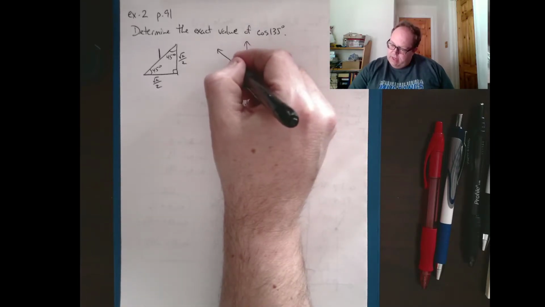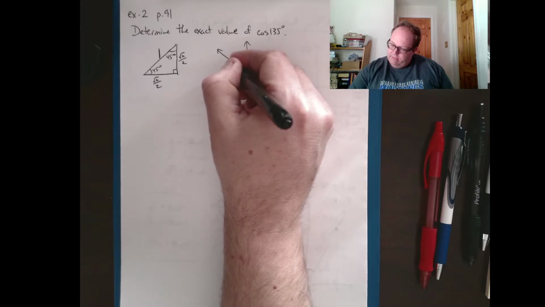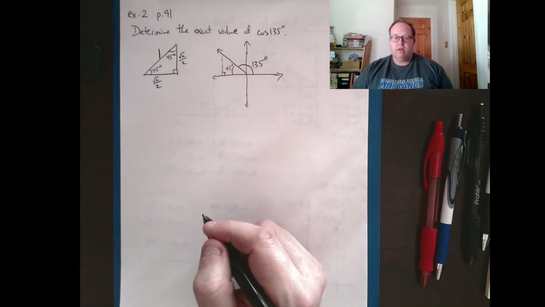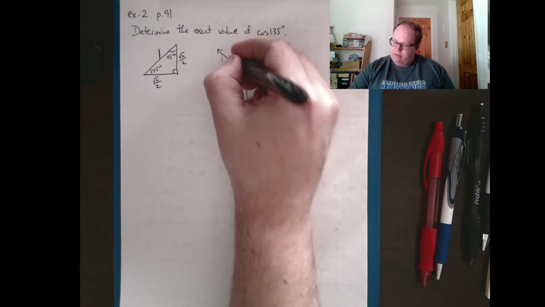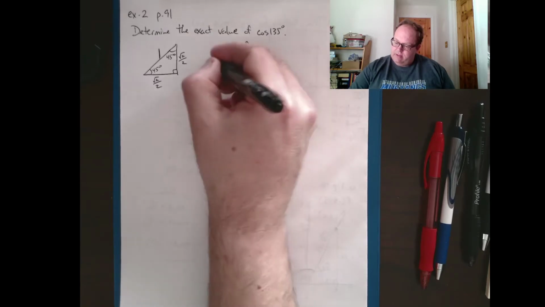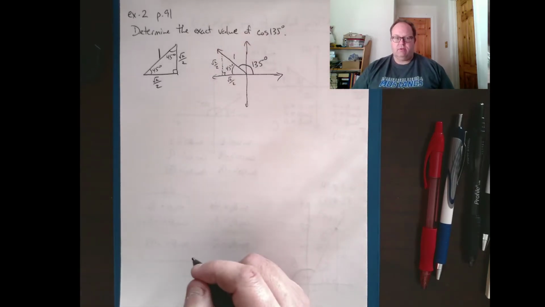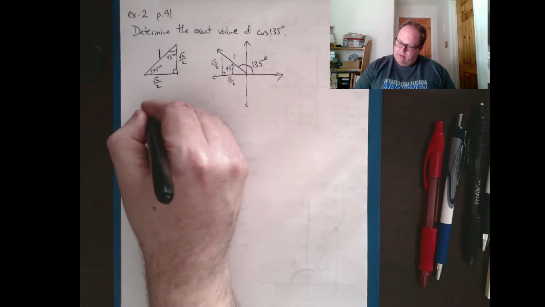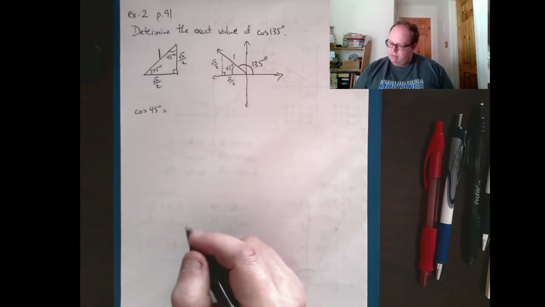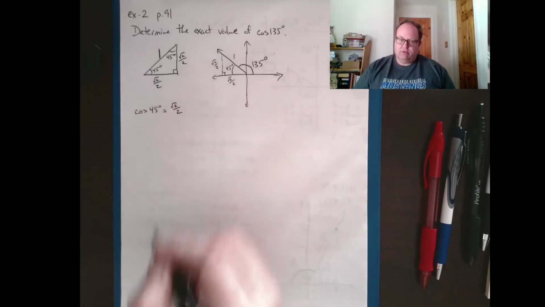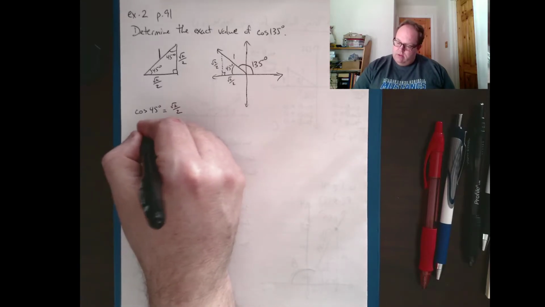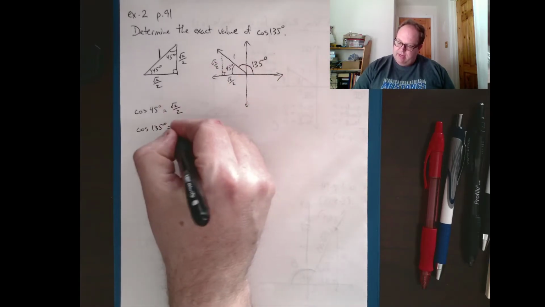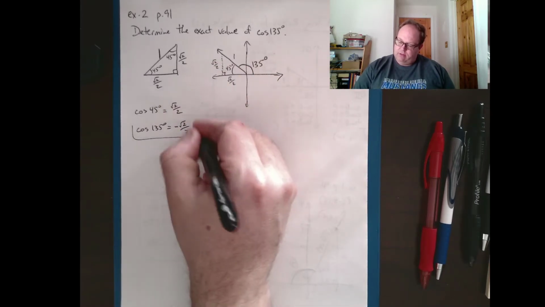So to talk about cosine, I am going to look at the reference angle, 45 degrees. Now, if I happen to have a hypotenuse of 1, I know the two sides are going to be root 2/2 and root 2/2. So based on either of those triangles, I can say the cosine of 45 degrees is root 2/2. So the cosine of 135 degrees in the second quadrant, cosine should be negative, so it'll be negative root 2/2.